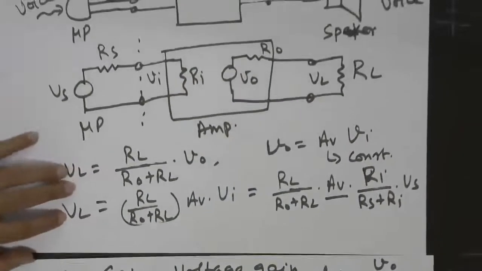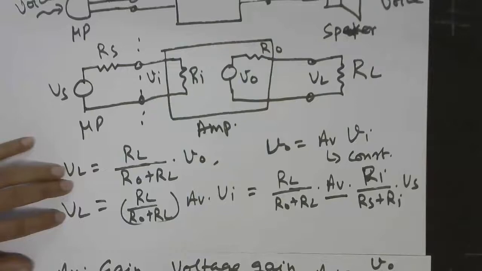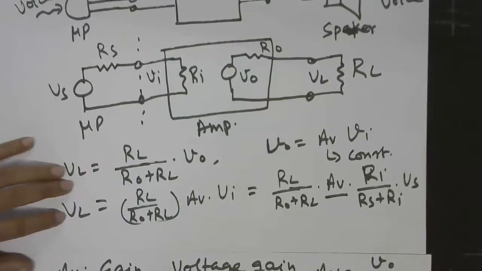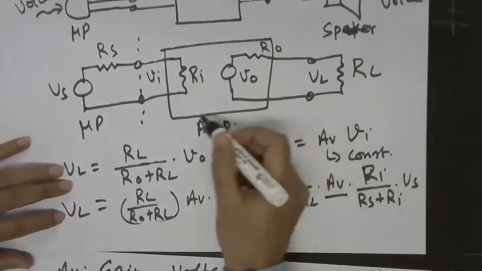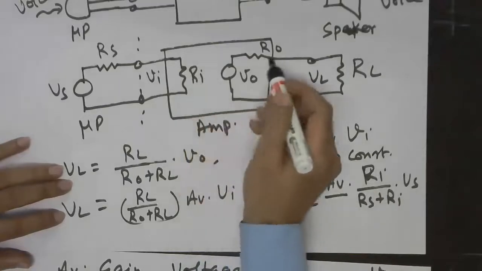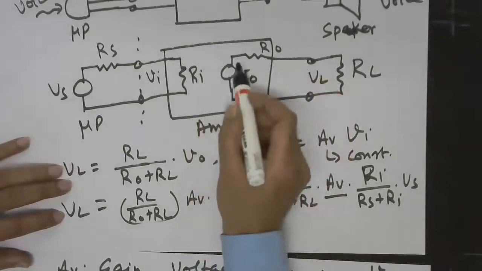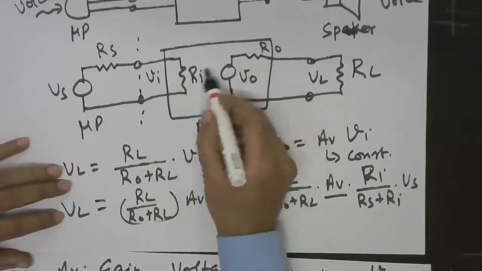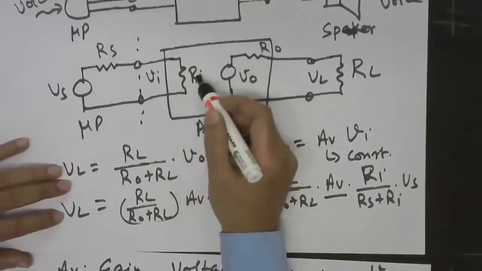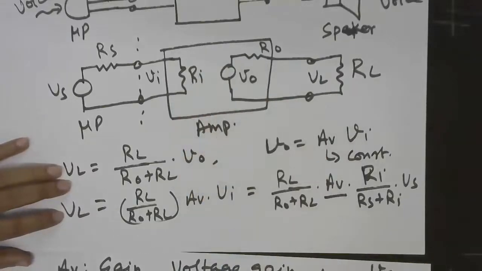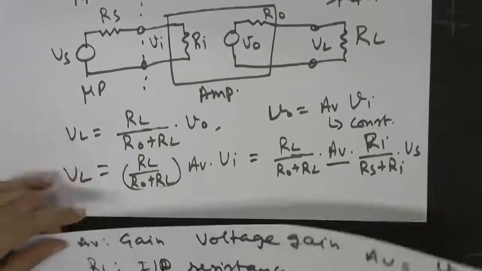So this example illustrates the importance of all these three parameters: gain, input impedance, and output impedance. For this case, we have taken these quantities to be real, but they can be in general complex also, right?